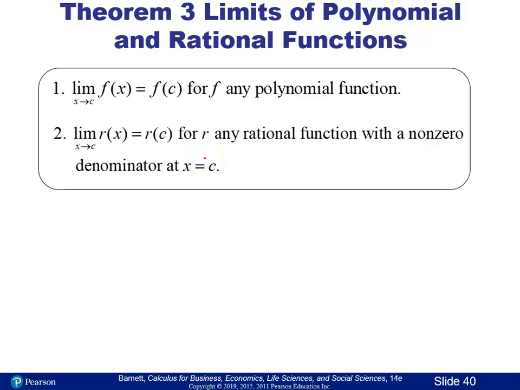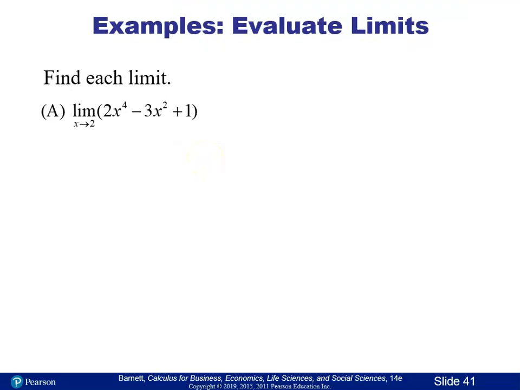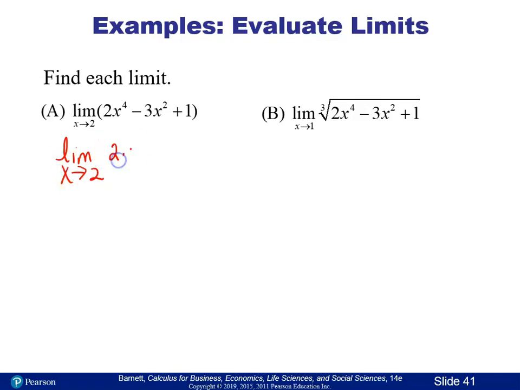So these, you're just evaluating by plugging in. The limit as x goes to 2 would be 2 times 2 to the 4th minus 3 times 2 squared plus 1. If I do all the calculations there, I'm going to get 6 for my answer. This one, again, just plug in.